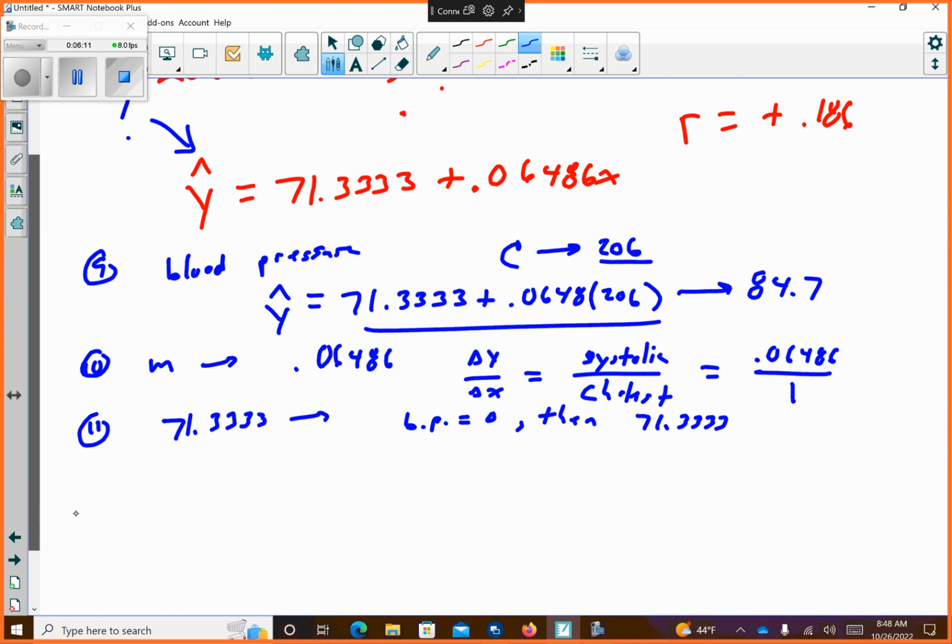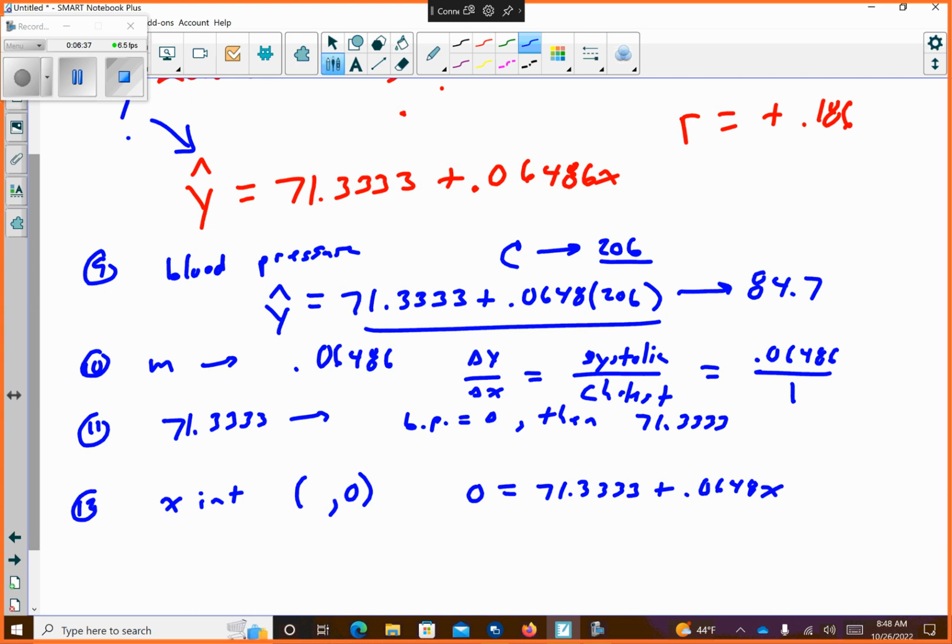Then number 12 says, interpret the x-intercept. So if I want to do the x-intercept, we have to remember this. I'm plugging in 0 for our y value. So I'm going to take my equation and go 0 equals 71.3333 plus 0.0648x.